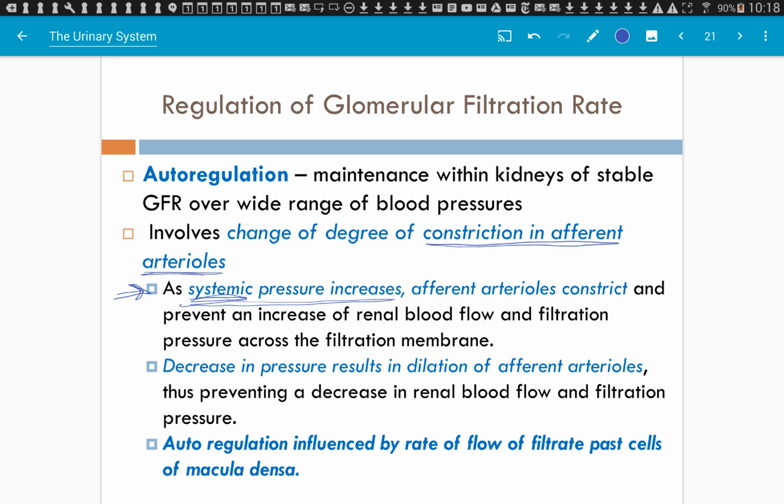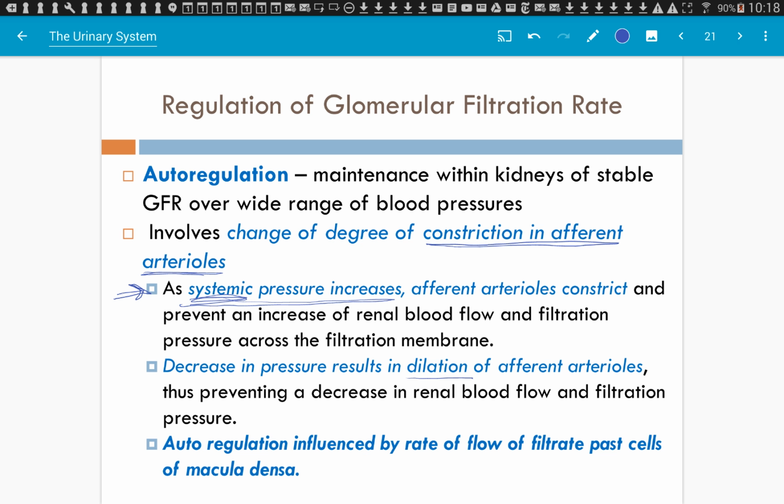which would make your pressure really high in there. So if your blood pressure is already really high, your afferent arterioles are going to constrict to basically compensate for that pressure. If you have a decrease in pressure, you actually have your afferent arterioles dilating to have more blood coming in.